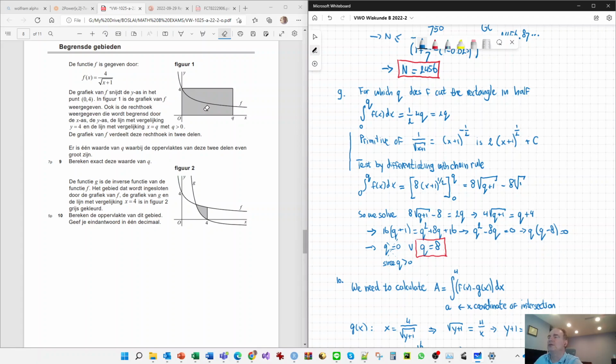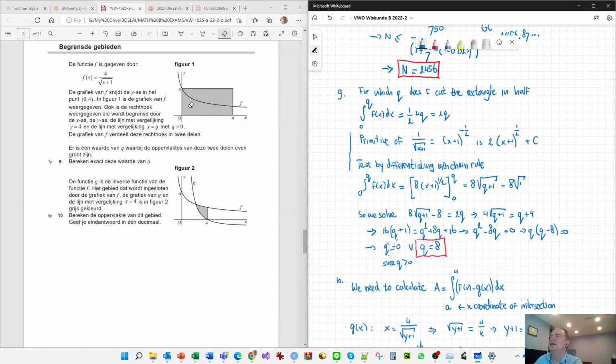So what we have to do is calculate the area under f, bounded by the y-axis and the line y is q.